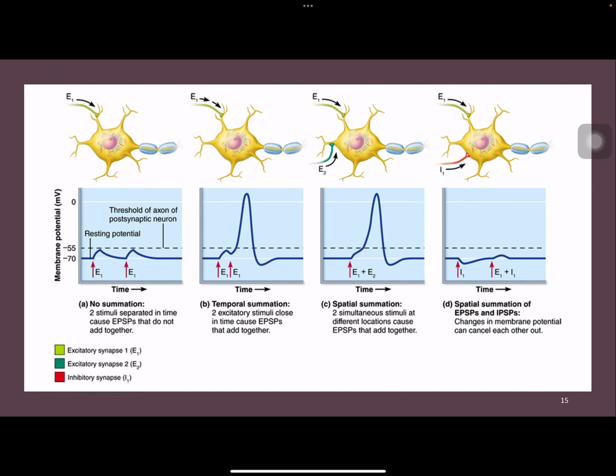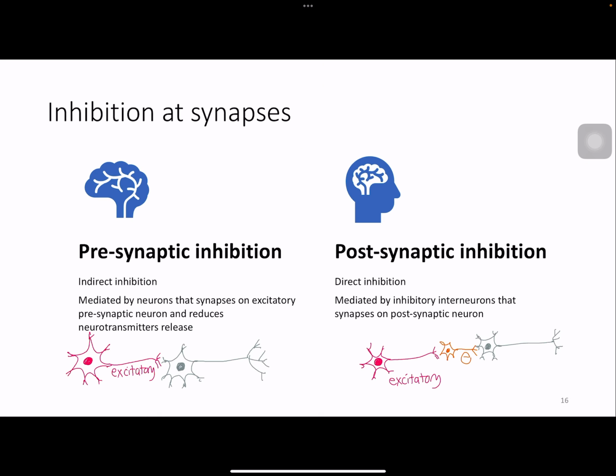So this is a diagram that summarizes what we talked about earlier. Inhibition can occur if the presynaptic neuron releases an inhibitory neurotransmitter. Okay, but the inhibition can also occur at the postsynaptic neuron.